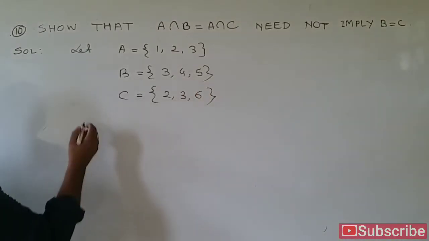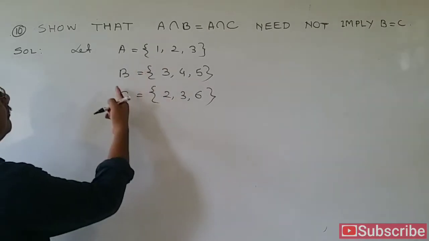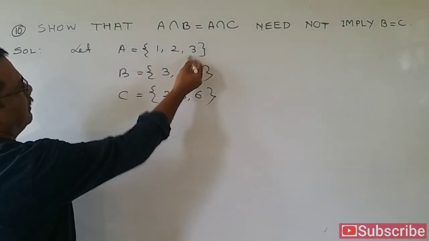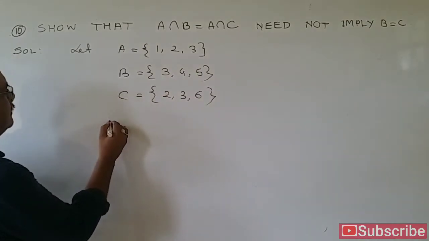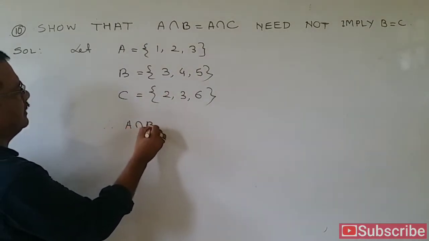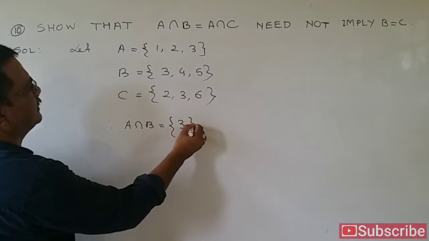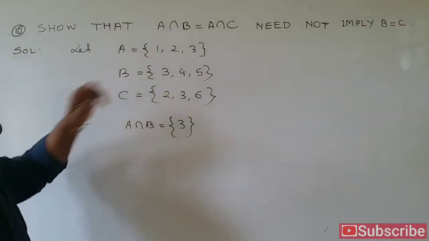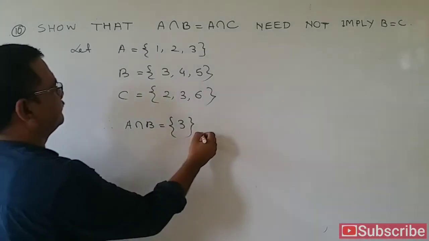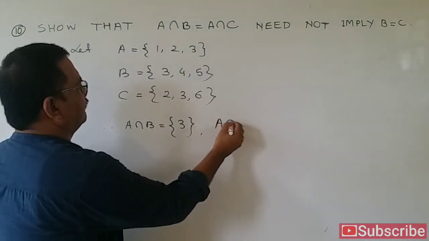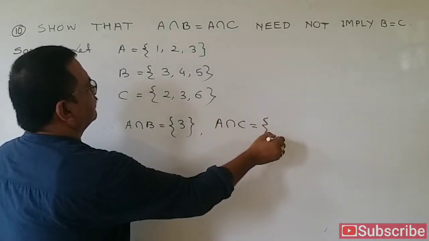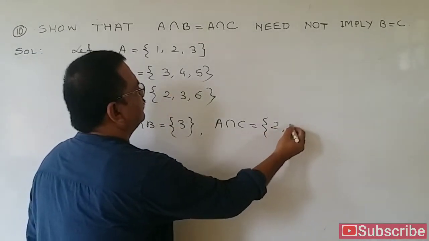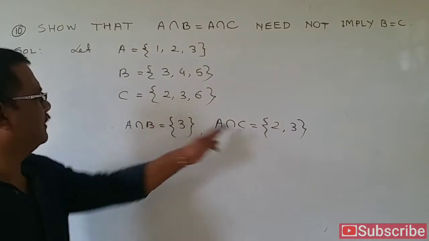Fine? So A intersection B will produce only 3, isn't it? So therefore A intersection B is equal to {3}. This is the common part. Okay. Then you find A intersection C. Here we will get {2, 3}, isn't it? But they are not equal.